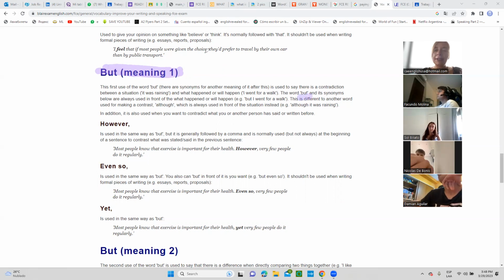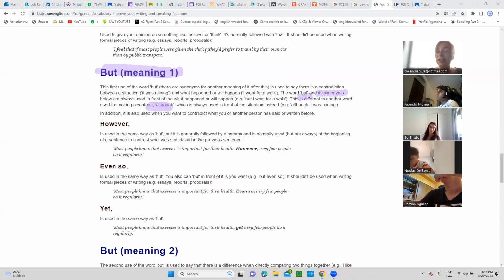The word but and its synonyms below are always used in front of what happened or will happen. It was raining, but I went for a walk. So you always use but before what happened or what will happen. This is different to another word used for making a contrast, although we have already seen it.